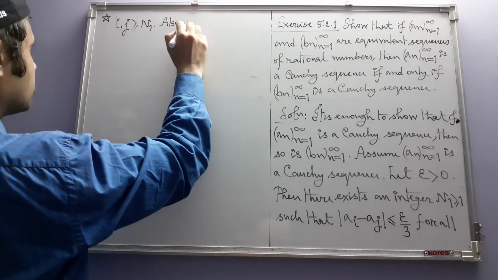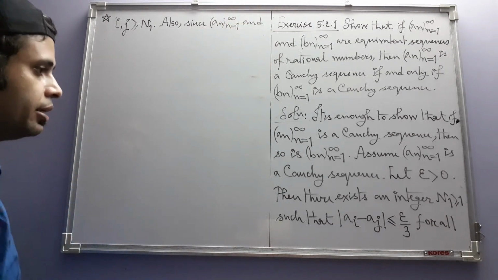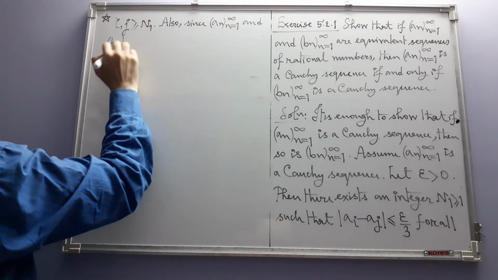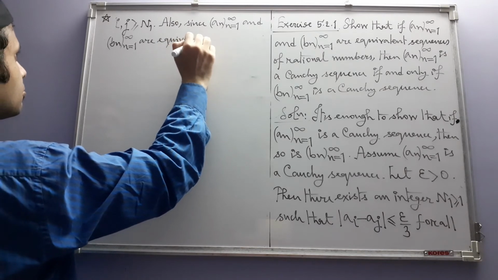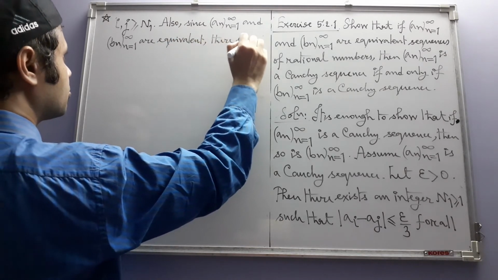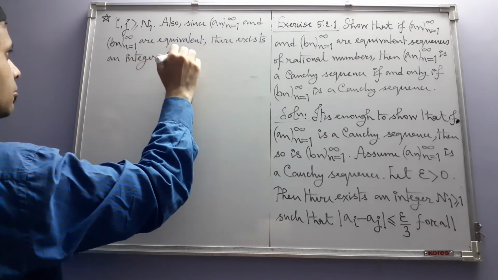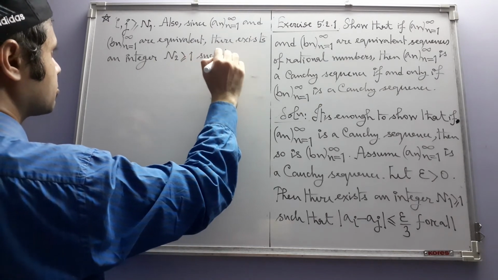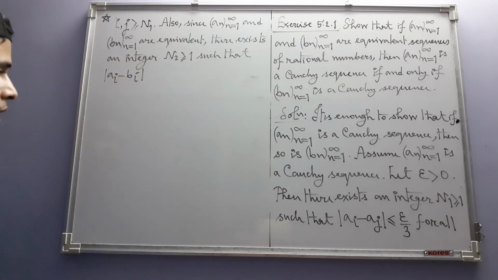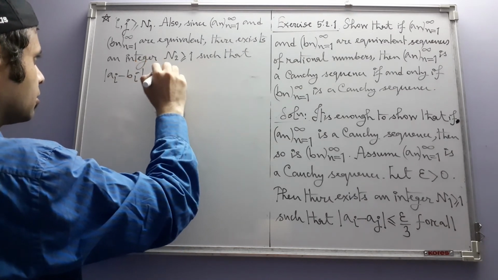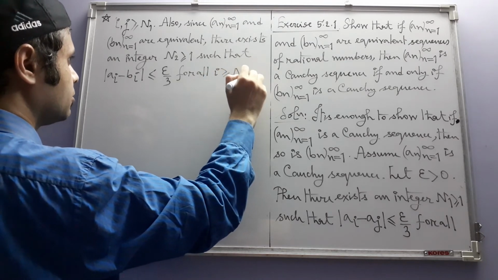Also, since an and bn are equivalent, there exists an integer n2 greater than or equal to 1 such that the distance between ai and bi is less than or equal to epsilon by 3 for all i greater than or equal to n2.